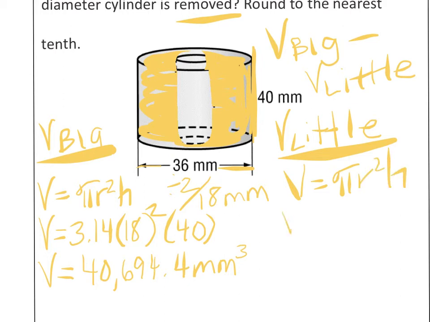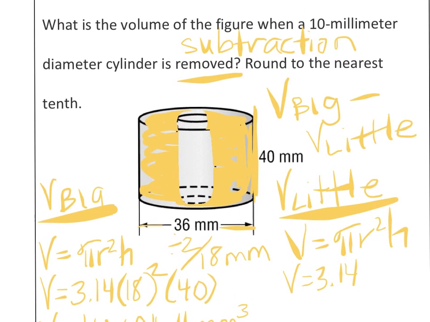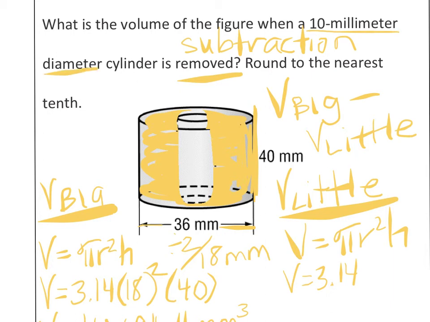So we're going to use 3.14 in place of pi. Now let's see about the radius of our little cylinder. It doesn't look like on the drawing they give us that. 18 is not the radius of the little cylinder. So let's go back up and look in our problem, see if we can find any information about that. And they do tell us that a 10 millimeter diameter is the diameter of the little cylinder.